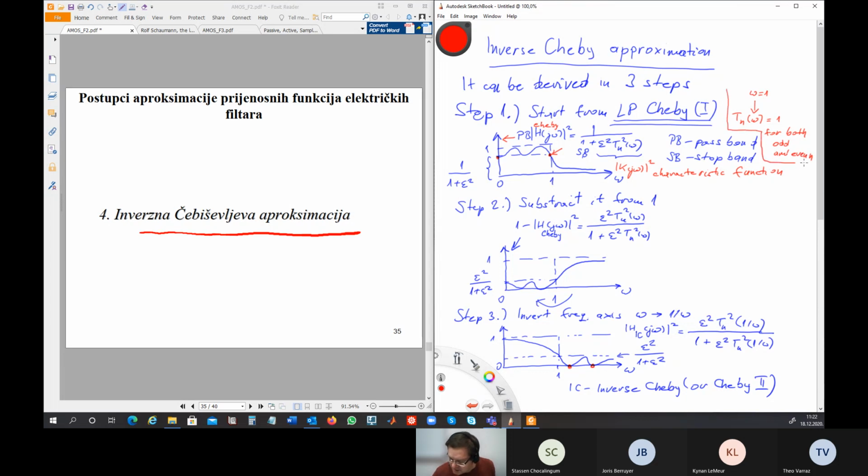So this is a small inquiry. We continue with the characteristics of our inverse Chebyshev. It has the same order as Chebyshev 1.